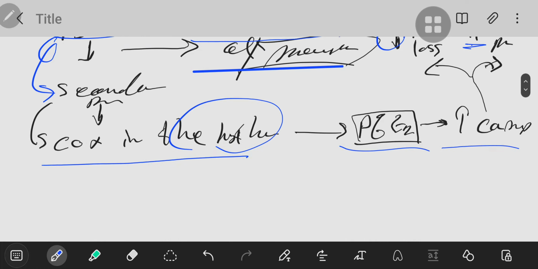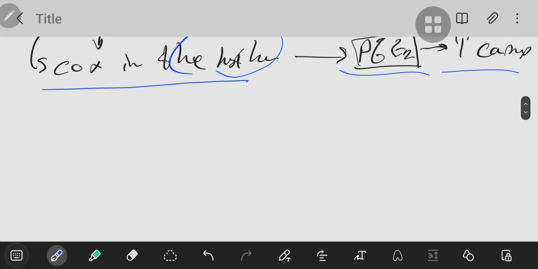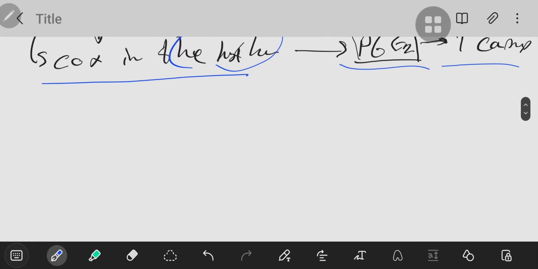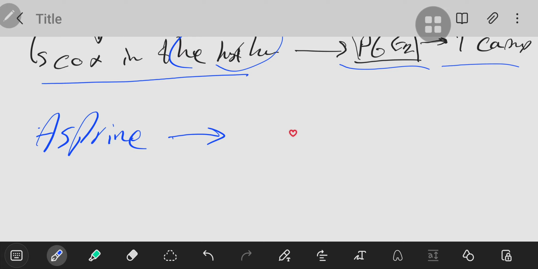I need to mention that for treatment of the fever there is something called aspirin. This is the aspirin mechanism. I'm going to explain it here, and maybe also do a separate video. Anyway, the aspirin deactivates the COX.